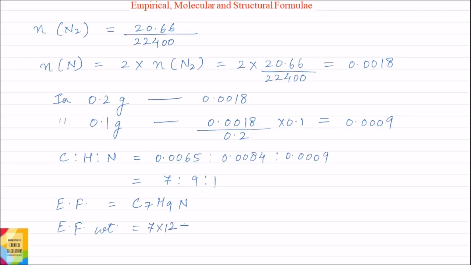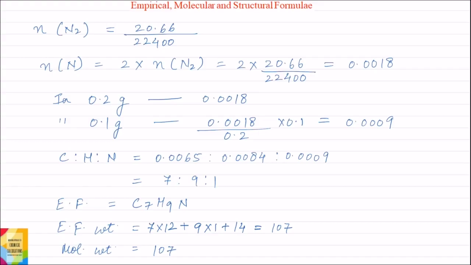is 12, plus 9 into atomic weight of hydrogen, that is 1, plus 14, and this is equal to 107. Now molecular weight of the base is also 107.